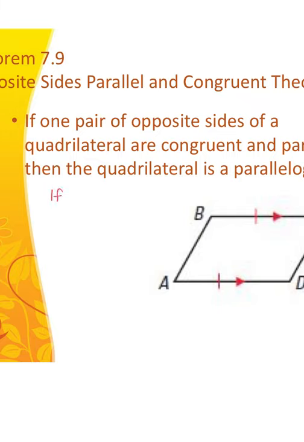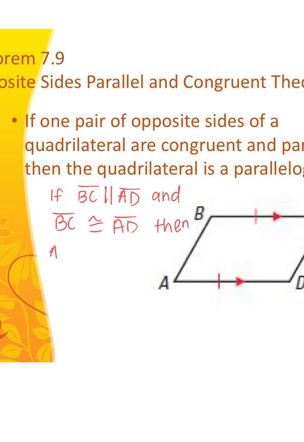So if BC is parallel to AD and BC is the same length as AD, or congruent to AD, then ABCD is a parallelogram.